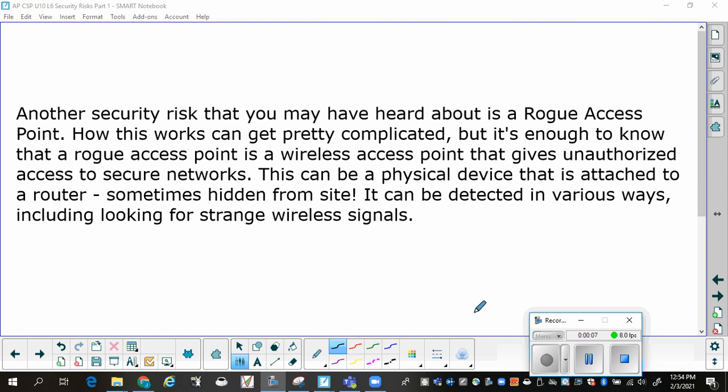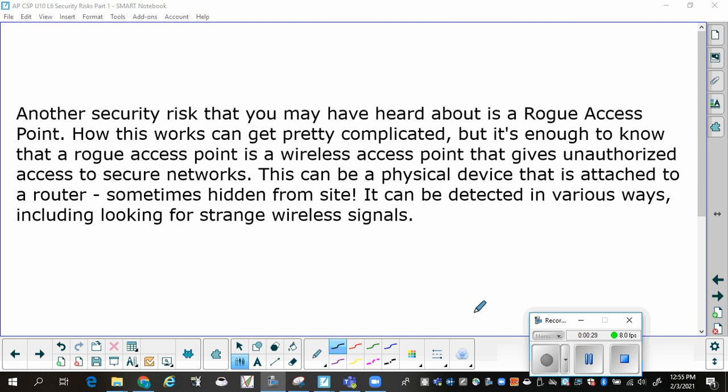Before we start in with Lesson 7, I want to do a quick recap of Lesson 6, because those were our security risks. Now, one of the security risks that you all did not create a public service announcement for was rogue access point. It's a security risk that you may have heard about, and how it works can get pretty complicated.